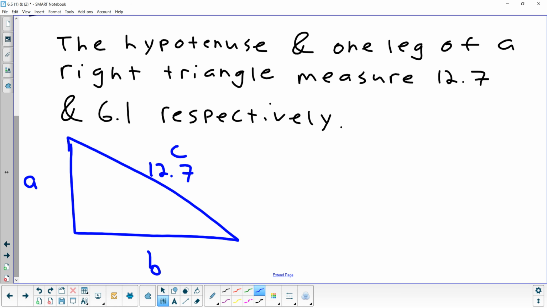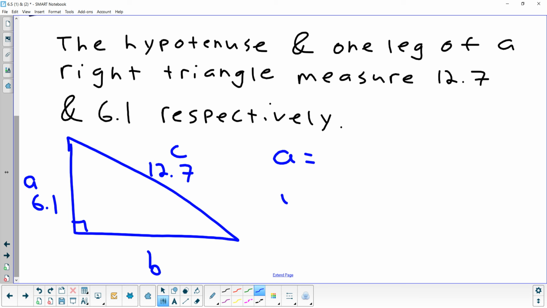Now we have to pick what we want the 6.1 to be. Could be either one, A or B. Do you want it to be A or B? Never mind, I know what you're going to say. Let's let it be A. He doesn't like B. So we got 6.1 for side A and 12.7 for side C. That's all we know.